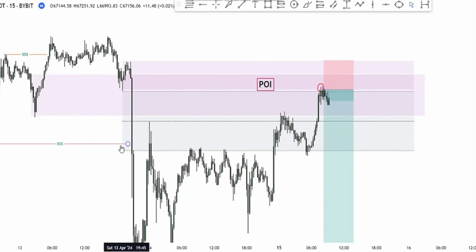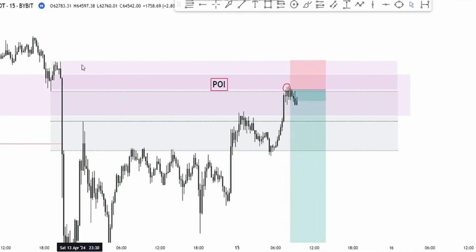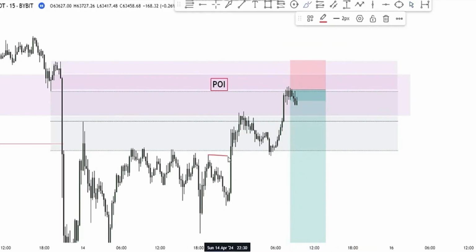And that change of character is the ultimate or the last confirmation you need for price to give you an entry. Now notice what I was doing. I was patiently waiting for it. Why do you need the confirmation? So that you will not be deceived. Look at this. Shifted market structure, break of structure, which is what?